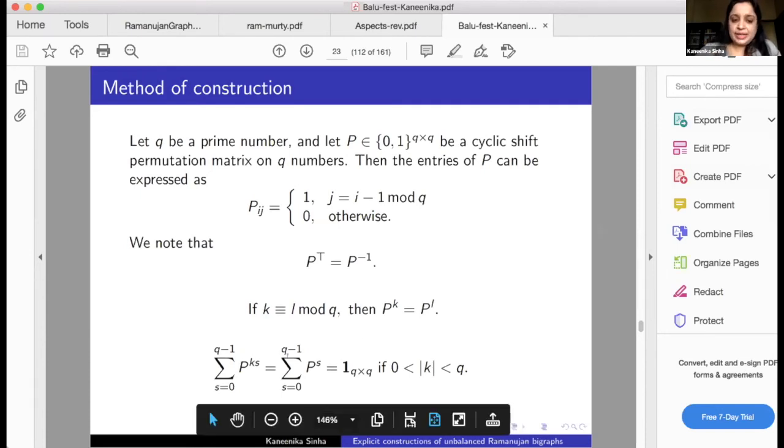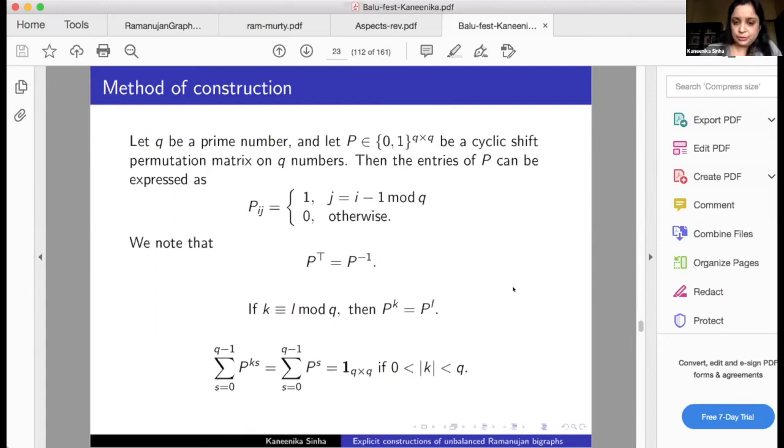So suppose we have all possible residues modulo Q, and k is a non-zero integer with absolute value of k less than Q. So it is, in other words, a non-zero residue class mod Q. Then as s runs over all the residue classes mod Q, so does k times s.